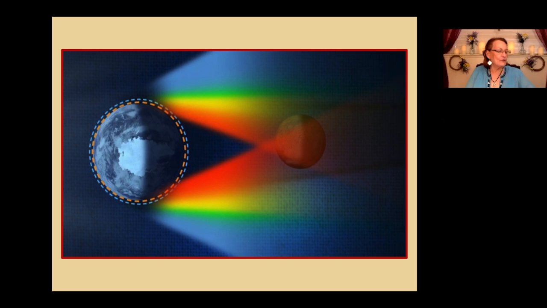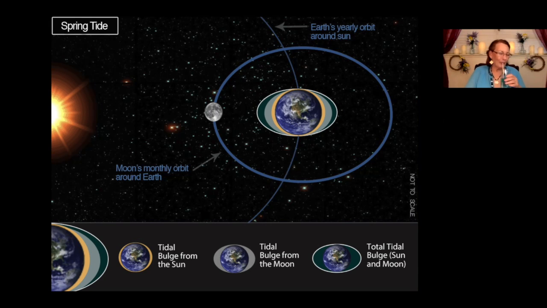Then I was going to share one more slide and one more related phenomenon with you, something that's always fascinated me. This is about the tides. If you look at this diagram, you'll see it's animated. It changes from the spring tide in the upper left-hand corner.